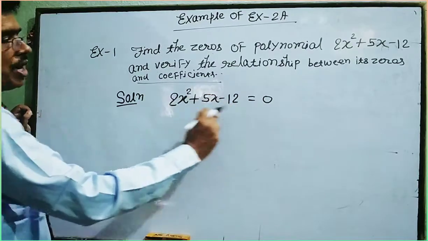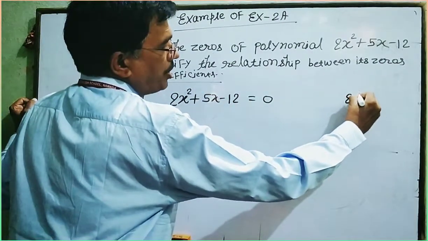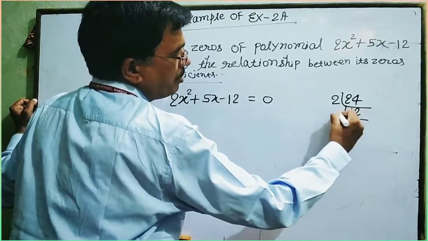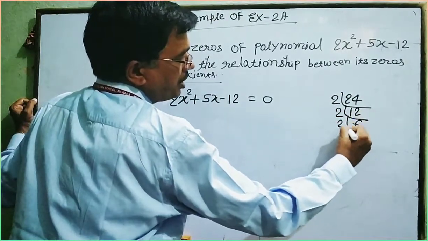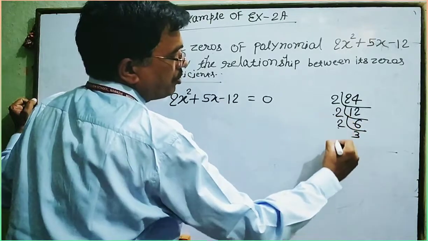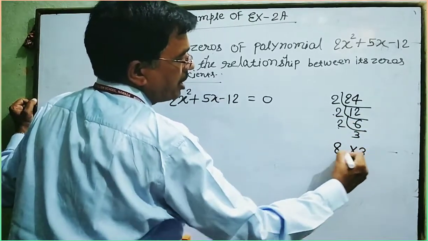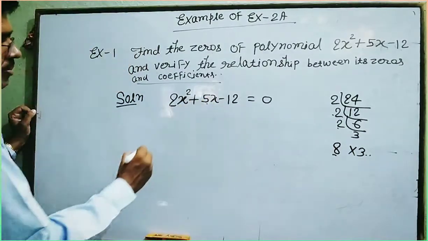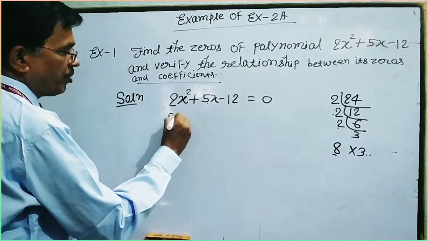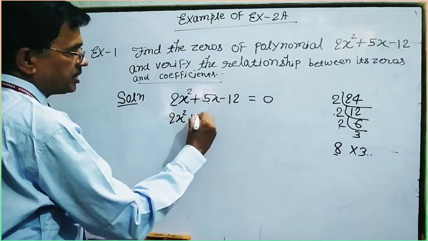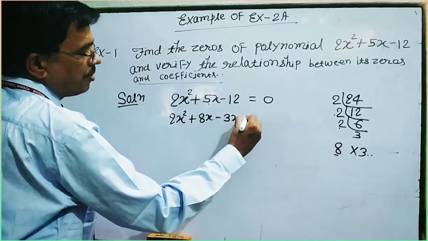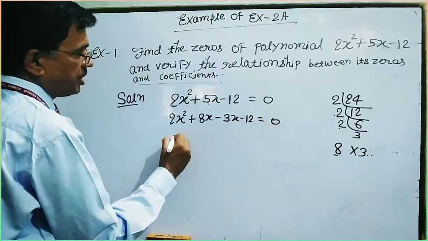So 2 times 12 is 24, and split 24 by factorization method, it is 12, it is 6, it is 2, it is 3, then 8 and 3. 8 times 3 is 24 and 8 minus 3 you get 5. So here you write 2x square plus 8x minus 3x minus 12 is equal to 0.